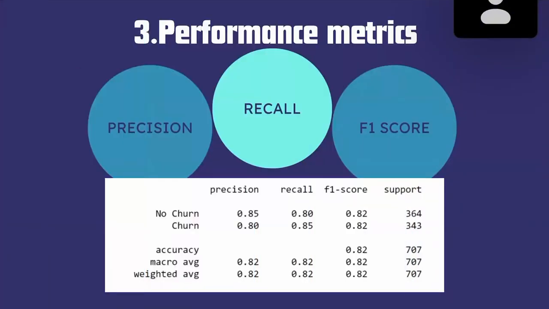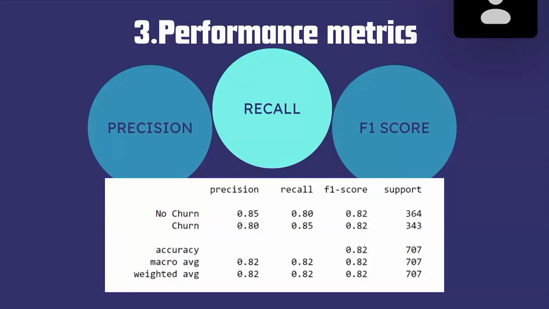Okay, I'm going to walk through how we evaluated the effectiveness of various classification models in predicting customer churn. We used three key performance metrics: precision, recall, and F1 score. These metrics help us gain a comprehensive understanding of the model's performance. Let's start with precision.